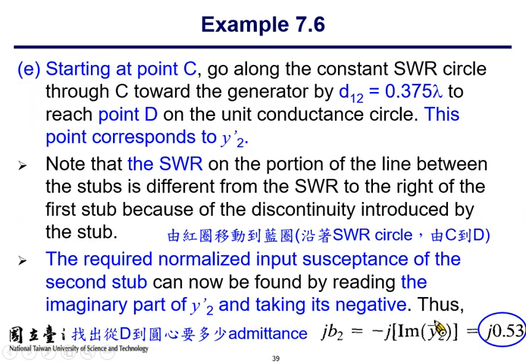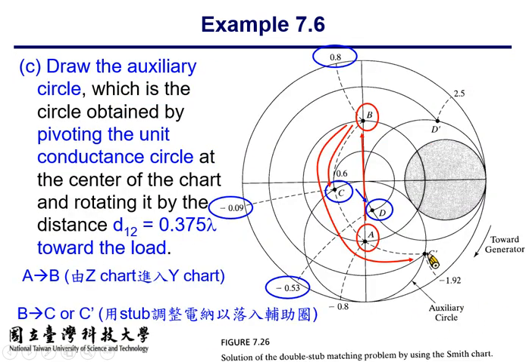So once you move to C prime, the next thing is to rotate on the constant SWR circle with a 270 degree revolution. So you will move from point C prime on the constant SWR circle to point D prime.